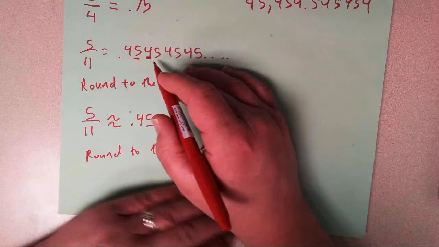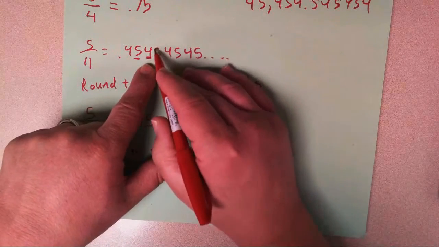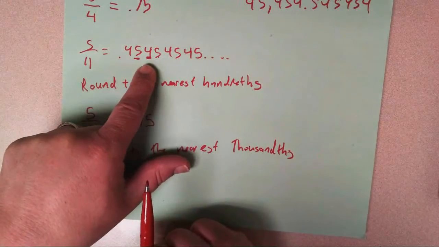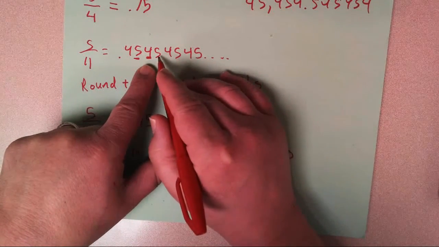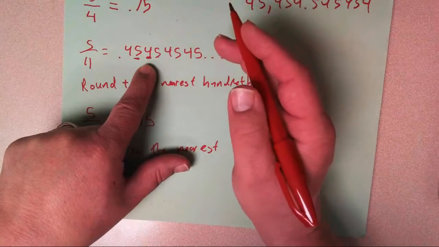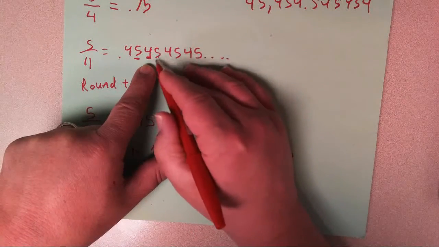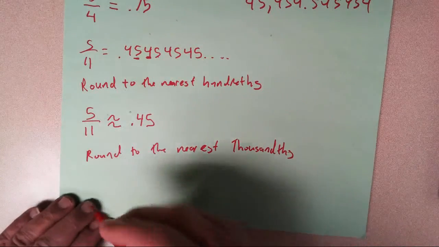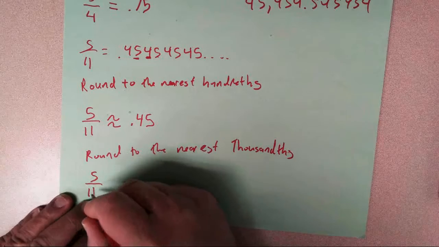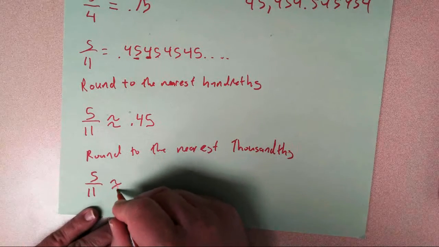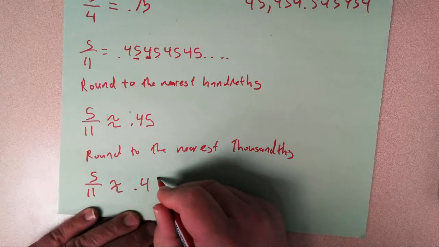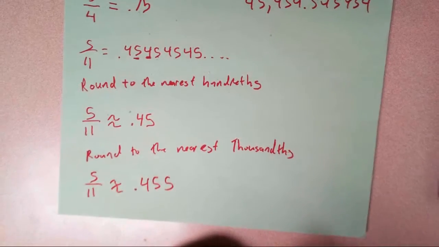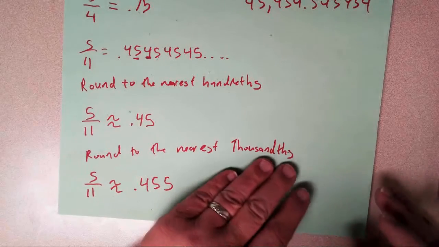Okay? And so I base that off of this number here. If this number is 5 or above, then I'm going to round that up to 5. If it's 4 or below, then I keep it at 4. I round it back down to 4. Okay, well this is a 5. It's 5 or above, so I'm going to round that up to 5. So if I round to the nearest thousandths place, then 5/11ths is approximately 0.45, and then I take that 4 and round it up to 5. So that would be rounding it to the nearest thousandths place.